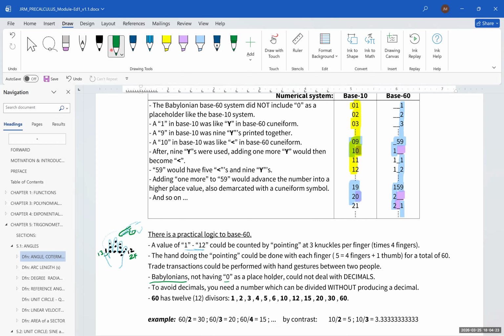So the Babylonians, not having zero as a placeholder, couldn't do decimals. And so to avoid decimals, you need a number which can be divided without producing a decimal.